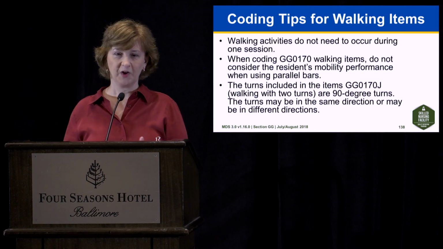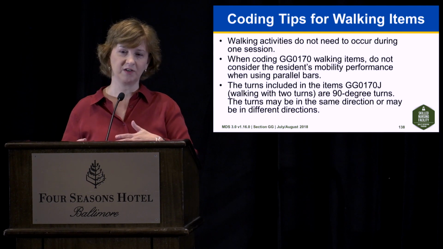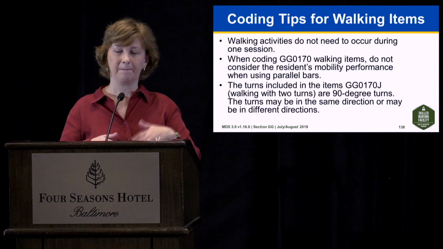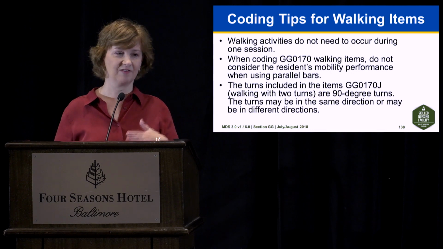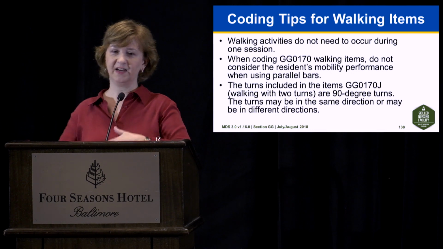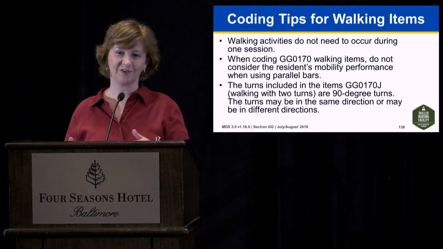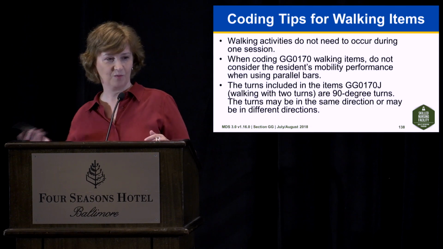Probably many physical therapists would, especially with somebody, let's say, who's had a stroke or a brain injury, want to have the person practice turning to the left and turning to the right. But as far as the assessment items, we do not restrict that it has to be one to the left, one to the right. It can be two turns in any direction. So it could be 2 left turns, 2 right turns, or 1 left, 1 right turn.